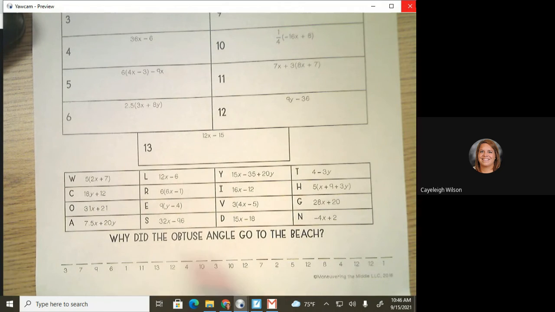Okay, because it's a joke. Why did the obtuse angle go to the beach? I don't know. All right, we have 20 minutes before we go to lunch. There's no reason that you cannot get most of this done.